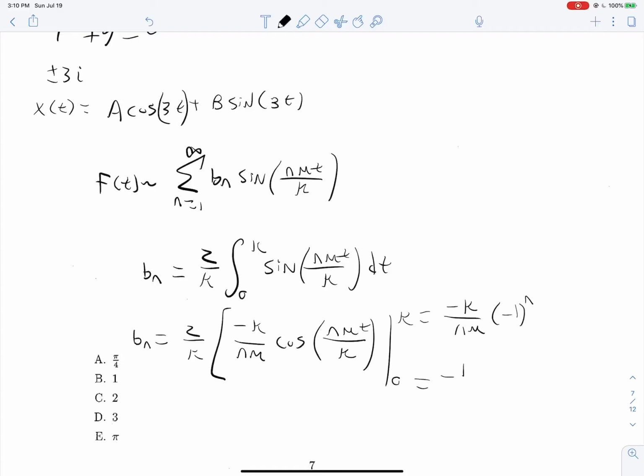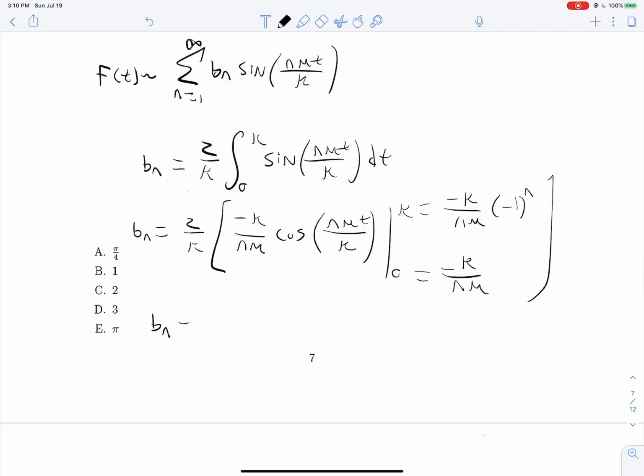And over here, we'll just get negative k over n pi. So solving bn fully, we get 2k over n k pi, so we can get rid of those k's and just get 2 over n pi times 1 minus negative 1 to the nth power.